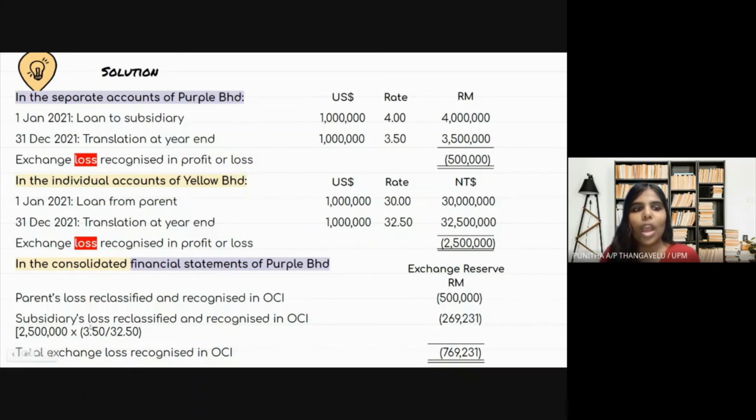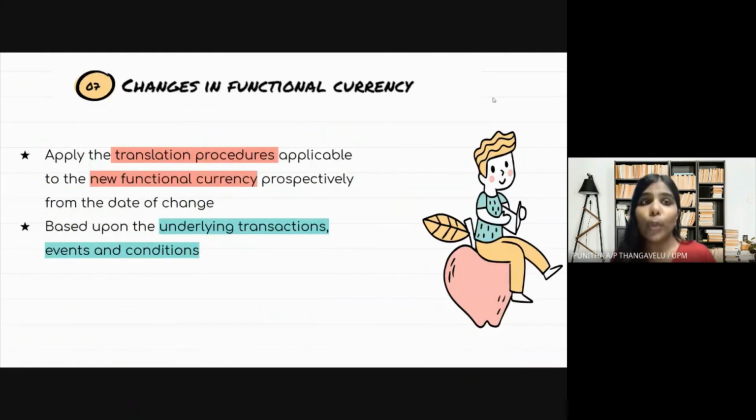This is the rate for the Malaysian ringgit, and this is the rate for the New Taiwan dollar on 31st December 2021, and then we will get the subsidiary's loss reclassified, and we will record the total exchange loss recognized in other comprehensive income.